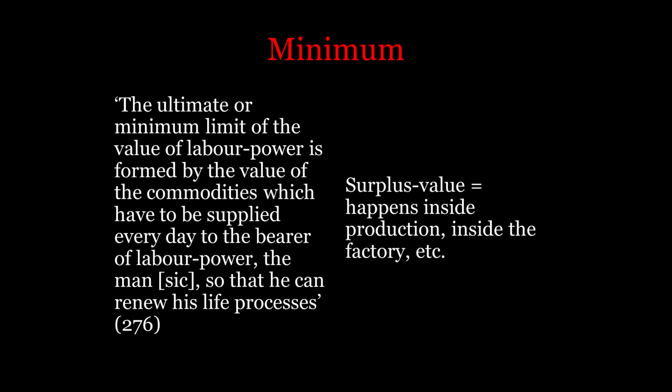So the ultimate or minimum limit of the value of labor power is formed by the value of the commodities which have to be supplied every day to the bearer of labor power, the man, so that he can renew his life processes. So the capitalist pays me the absolute minimum that I need in order to eat, in order to live sheltered, and in order to have a coat made of linen or wool.